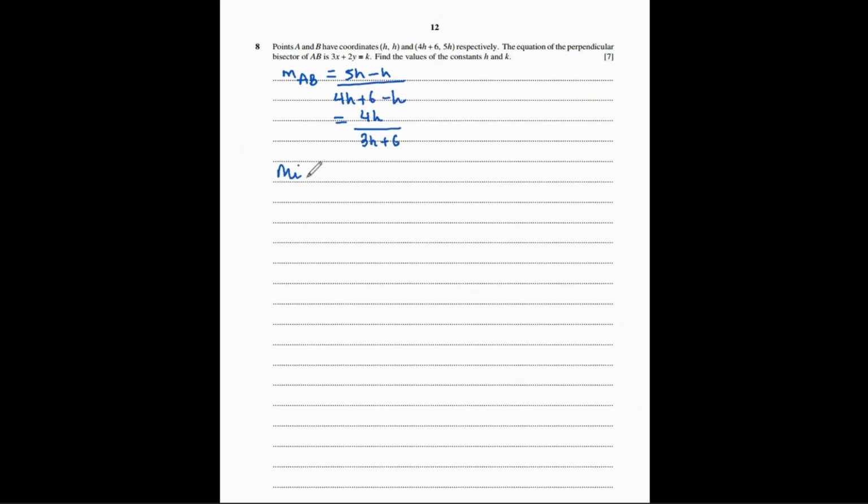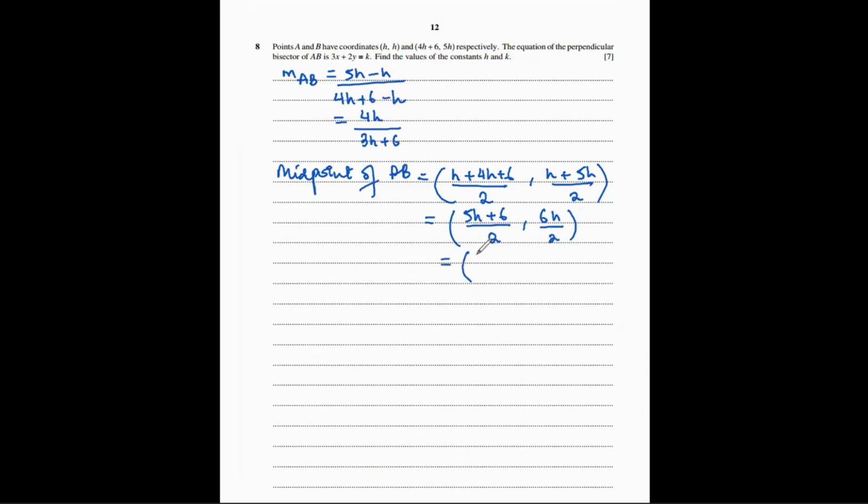Then you find the midpoint of AB. That's going to be (h plus 4h plus 6) over 2 and (h plus 5h) over 2. 5h plus 6 over 2 and 6h over 2, which simplifies to 3h.